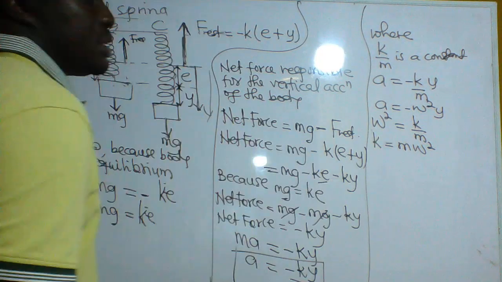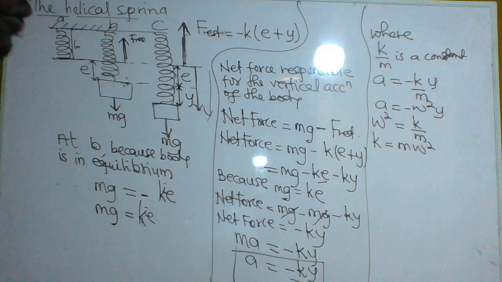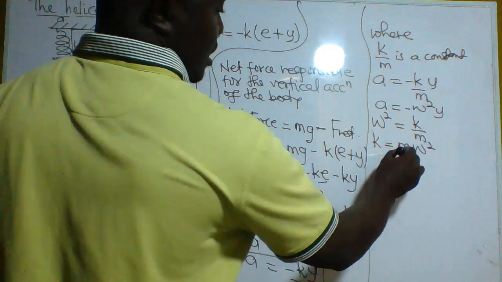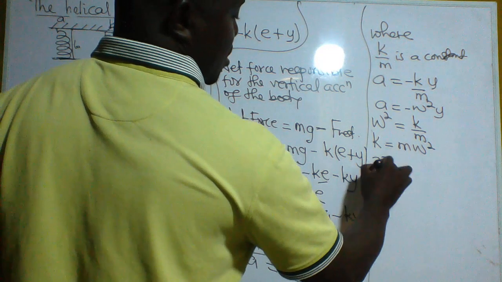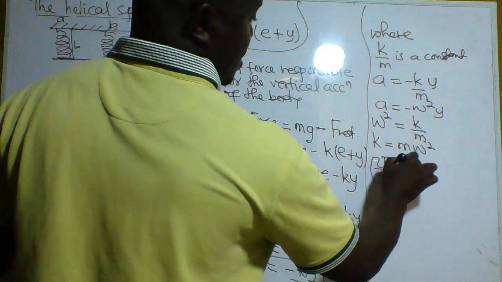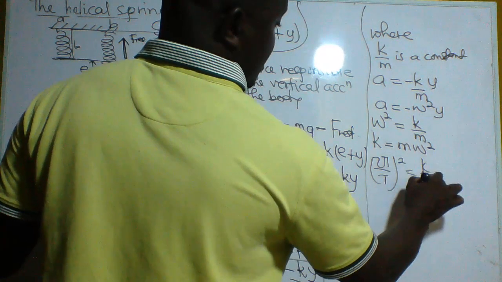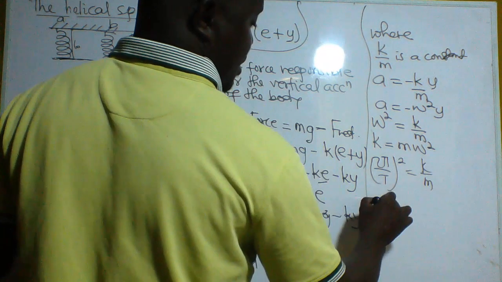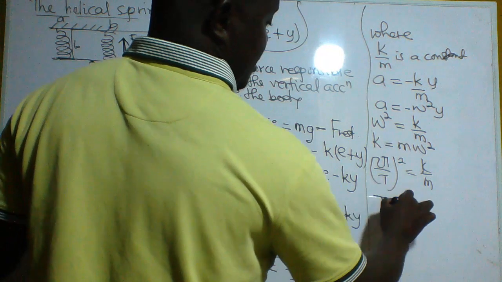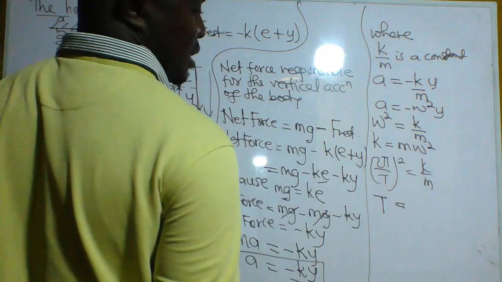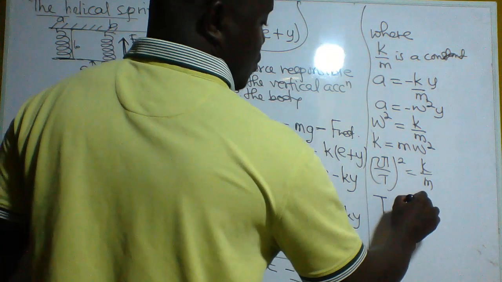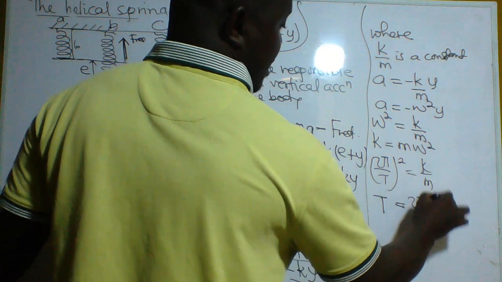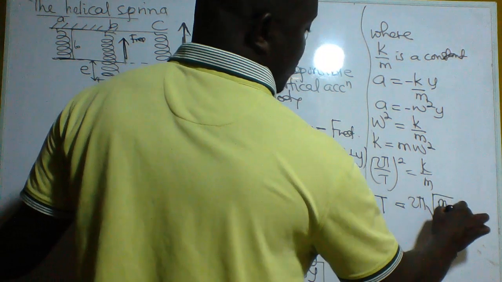Then we determined the period of oscillation. Because omega is equal to 2 pi upon T, it implies that T from this equation is equal to 2 pi times the square root of m on k.